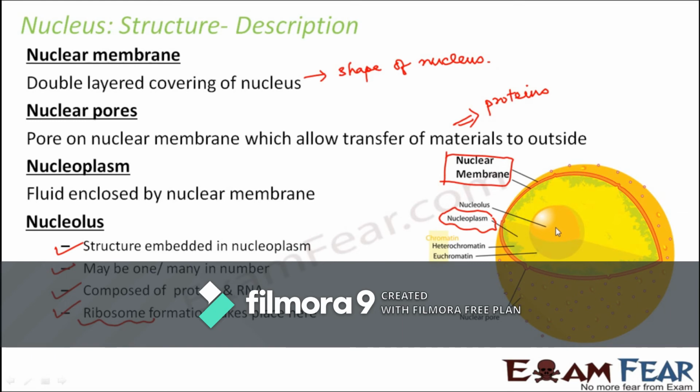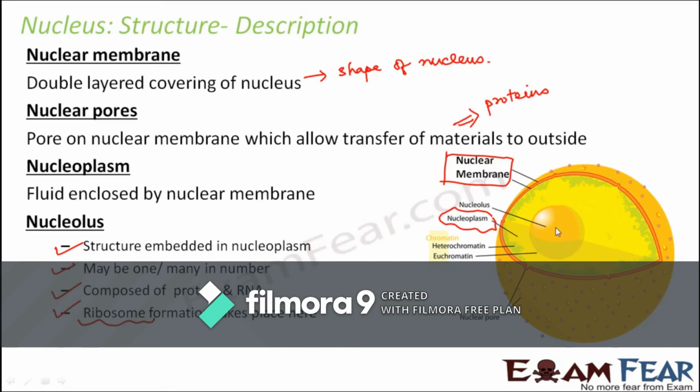Inside the nucleus you have the information for inheritance. You also have the machinery that helps in protein synthesis. You don't have ribosomes functioning inside the nucleus, but the nucleus can generate ribosomes which can later generate proteins. So that is also another very important function of nucleus.